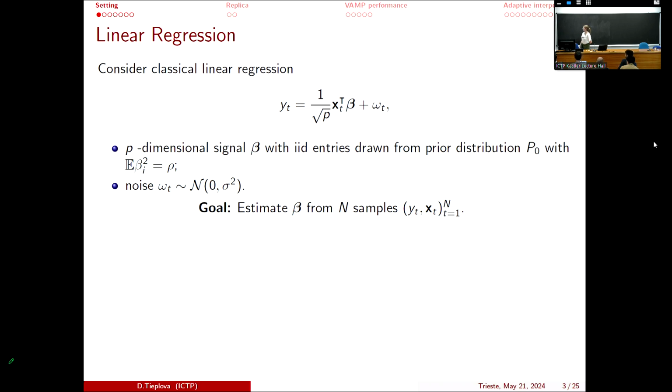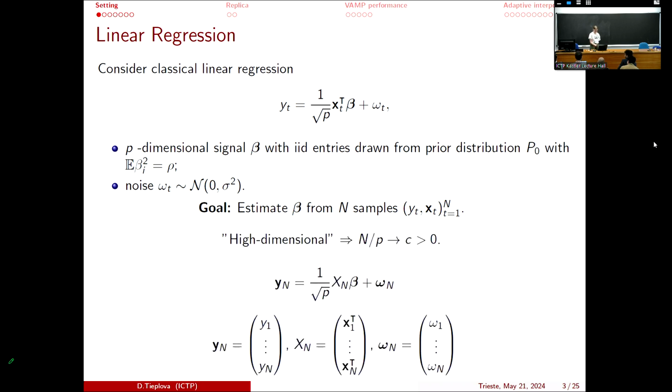That implies that the number of samples is supposed to be not too big. To be more precise, it's supposed to be exactly as the dimension of the vector that we want to find, so p. So we are assuming that the ratio n over p goes to some positive constant.